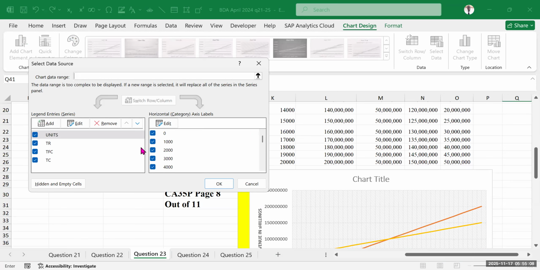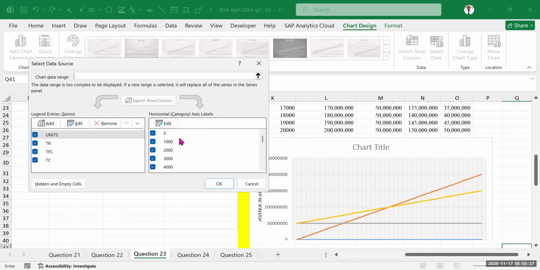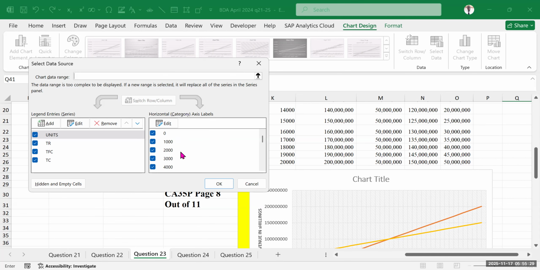So if you want to change the axis, the row alignment, whatever is on the Y to be on the X and all that, you could use the switch row and column tab, or you can come and change the X-axis and the Y-axis manually here, which is what I did. My X-axis here, written horizontal axis, was showing numerals like 0, 1, 2.